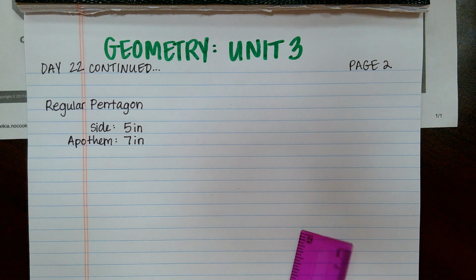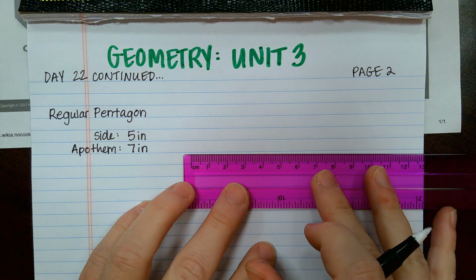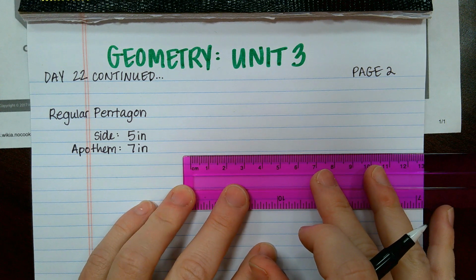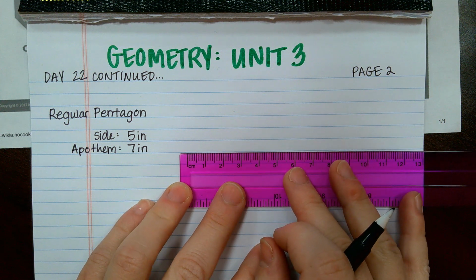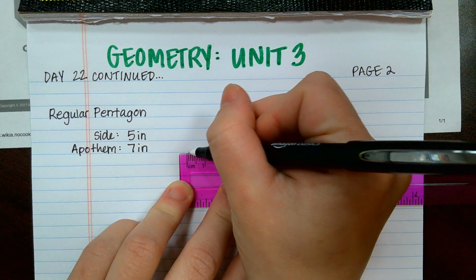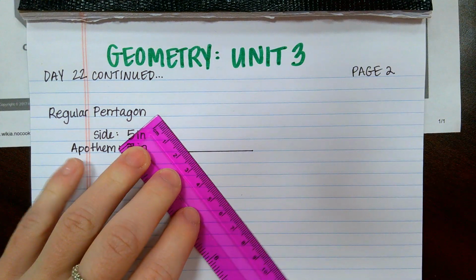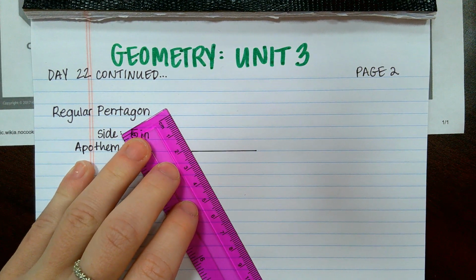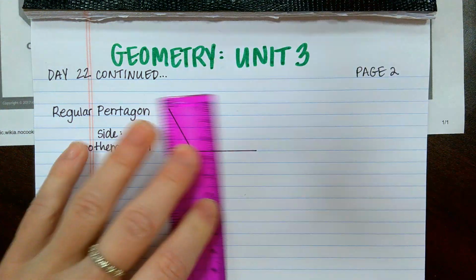Now, you totally don't have to draw a picture, but I'm going to try to. I don't know that I can make a pentagon all that well, but I'm going to try. So I need 5 sides. 1. Let's see. 2.